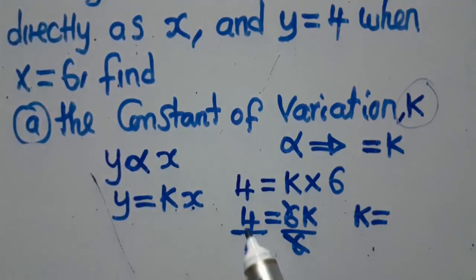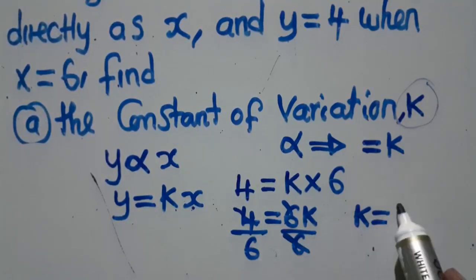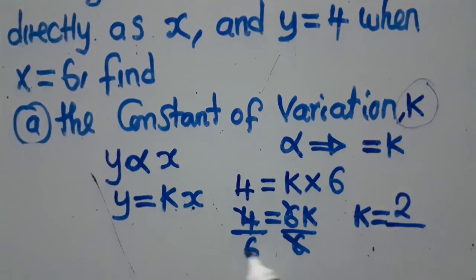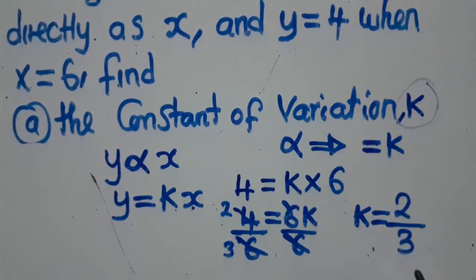2 into 4 is 2, and 2 into 6 is 3. So the answer is 2 over 3.